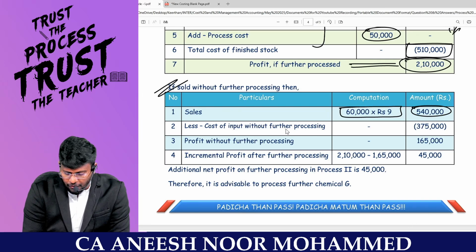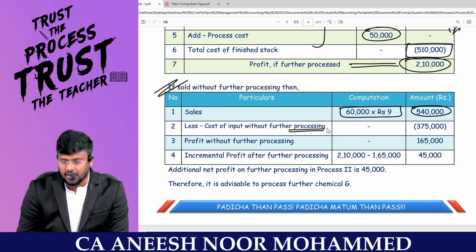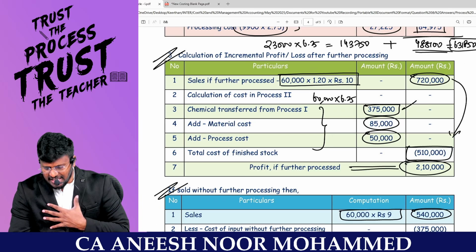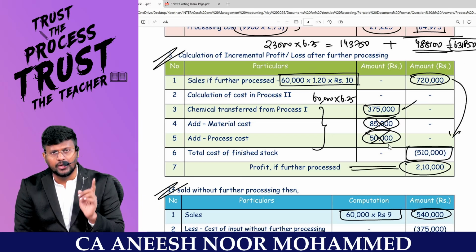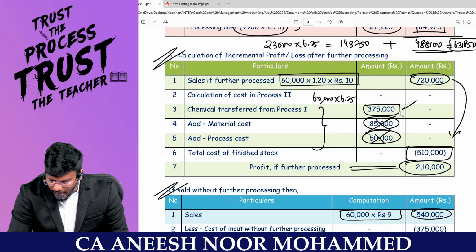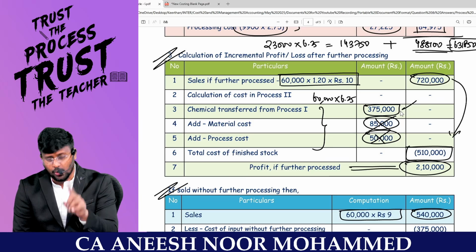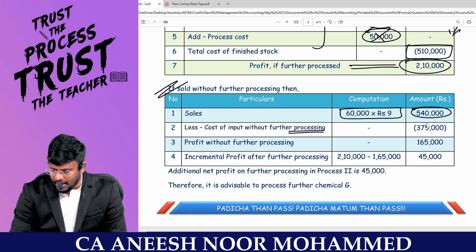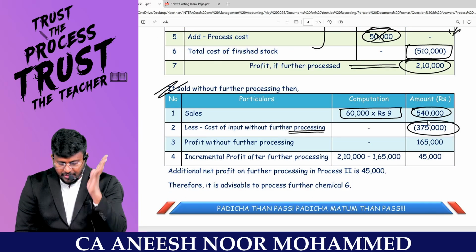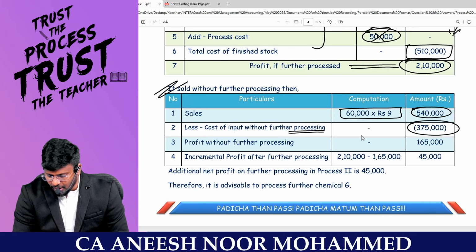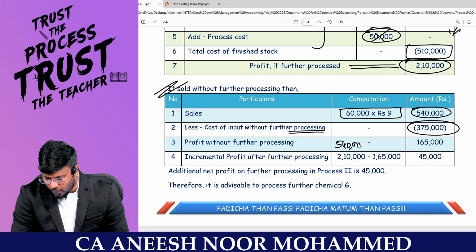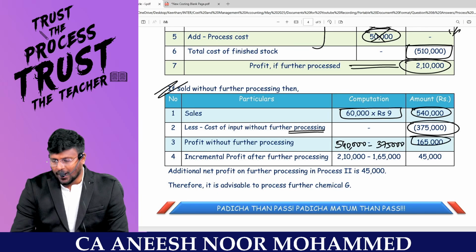Less cost of input without further processing. If I am not further processing, these 2 additional costs need not be incurred. But I will surely incur the 3,75,000, because if I incur that cost only, I can manufacture the product. So I am reducing just 3,75,000. Then my profit without further processing will be 5,40,000 minus 3,75,000, which comes to 1,65,000.